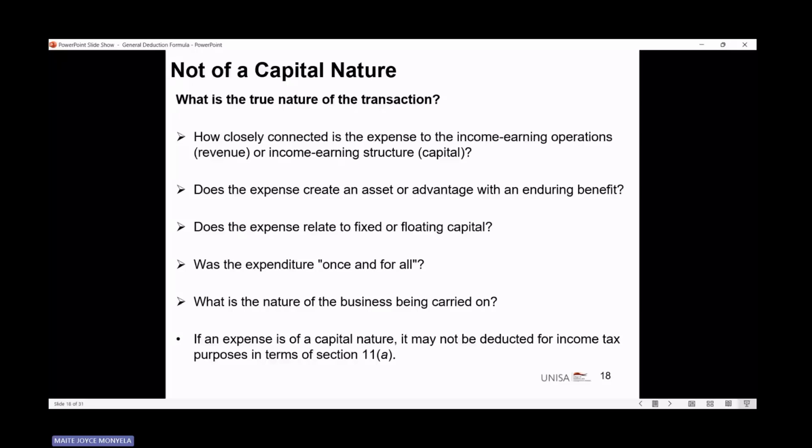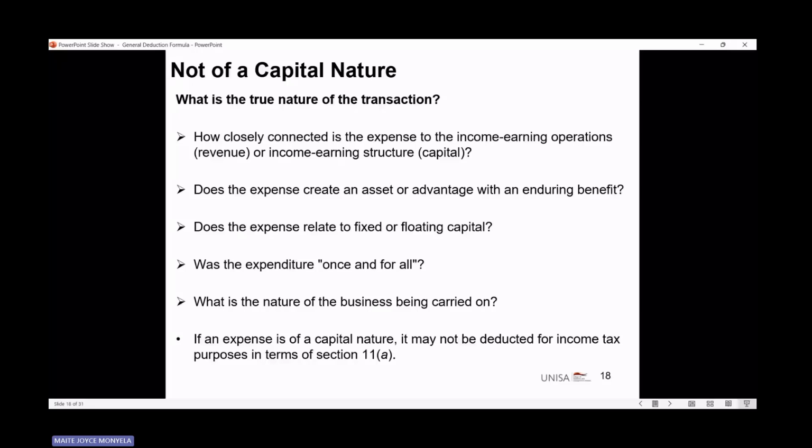So you must ask yourself, before you say it is of capital nature or revenue nature, what is the true nature of the transaction? How closely is the expense linked to the income in the operation of the income structure? Does this expense create an asset or advance an enduring benefit?